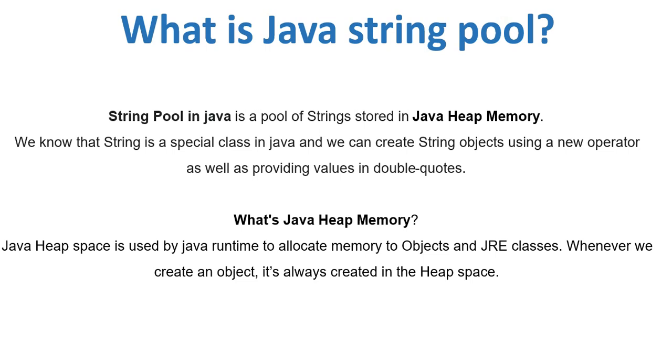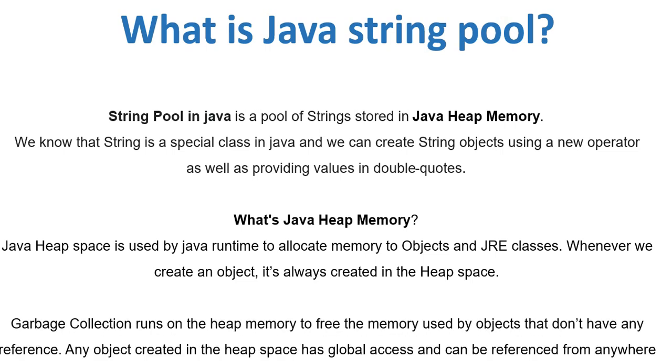Whenever we use Java runtime environment class, it's stored in Java heap memory. So that's it. That's why we say whenever we create an object, it is always created in the heap space. So we now know what a heap memory is.